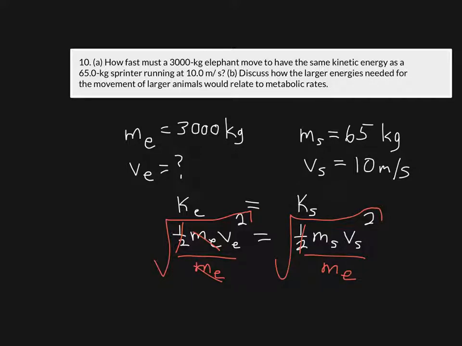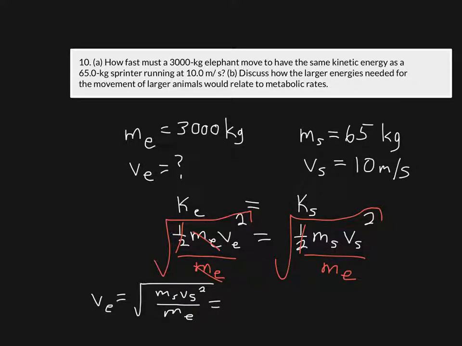So I get a final equation for VE: VE is equal to the square root of the mass of the sprinter times the velocity of the sprinter squared, all divided by the mass of the elephant.